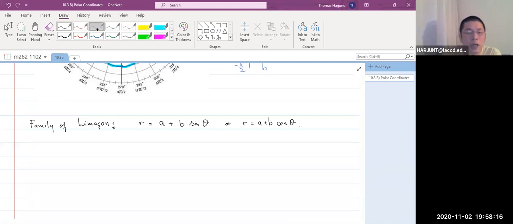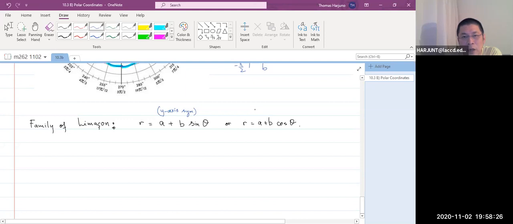You will see that this one has y-axis symmetry because it depends on sine theta only. And the one here has x-axis symmetry because it depends on cosine theta only. I mean, the rest are constant.